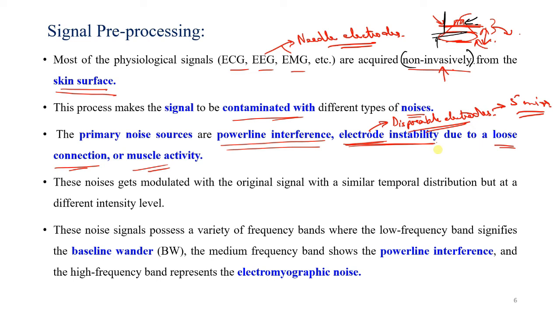Now these noises, as I told you, get modulated with the original signal with a similar spatiotemporal distribution, but at a different intensity level. What do you mean by temporal distribution? Temporal, anyone?